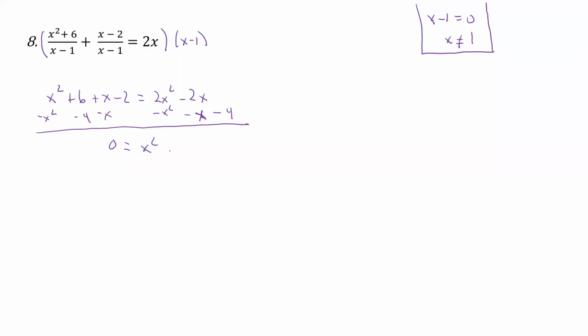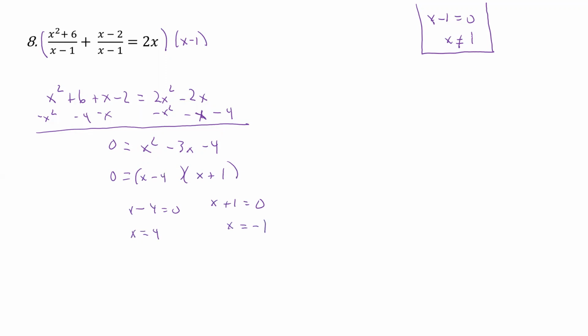Minus 2 minus 1 is going to be minus 3x, and then I have minus 4. And so when I factor this, I'll have x minus 4, x plus 1. So it's a minus 4x plus x is minus 3x. So then x minus 4 equals 0, or x plus 1 equals 0. Well, that says x is equal to 4, or x equals a minus 1.